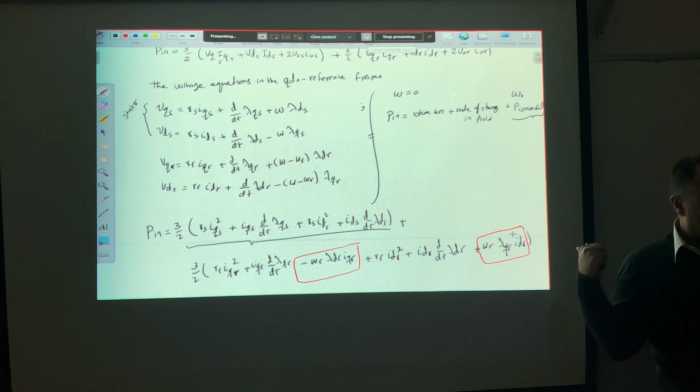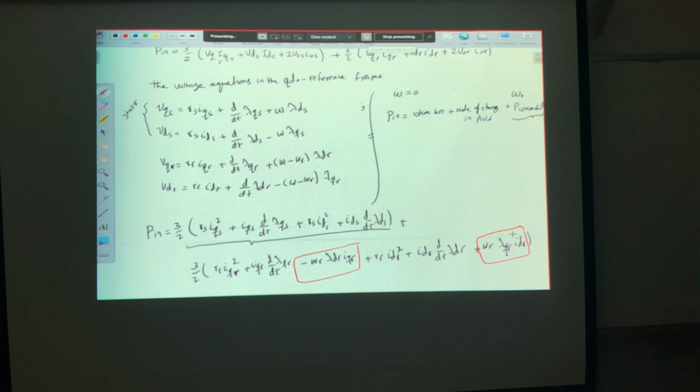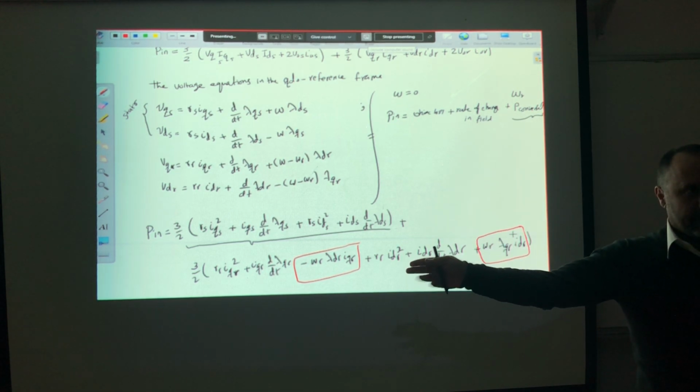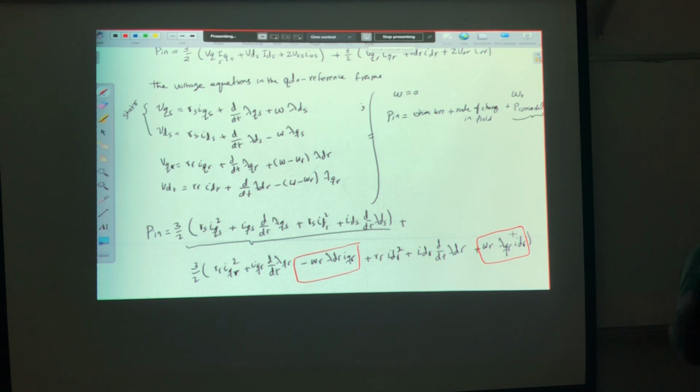A function of omega r, not omega. Good. But simply, why do I choose omega zero? In order to remove some terms. I don't need to take all the terms. Then I will do it when omega equals omega r. We will have the same, except we will have iqs instead of iqr. The torque will be the same, but it will be described in terms of the stator variable. Here, it will be described in terms of the rotor variable.